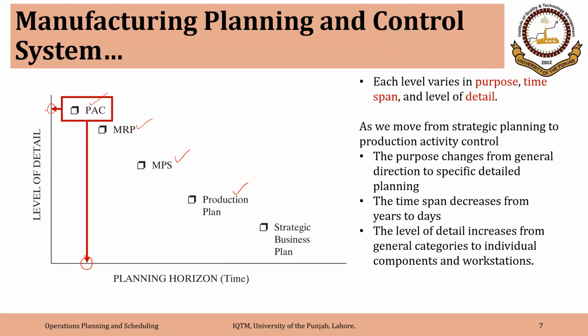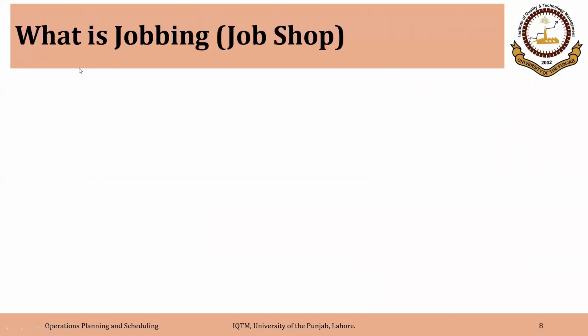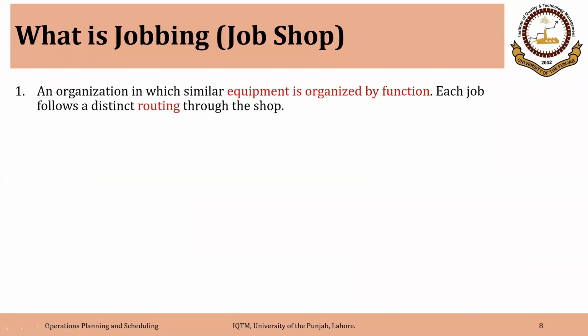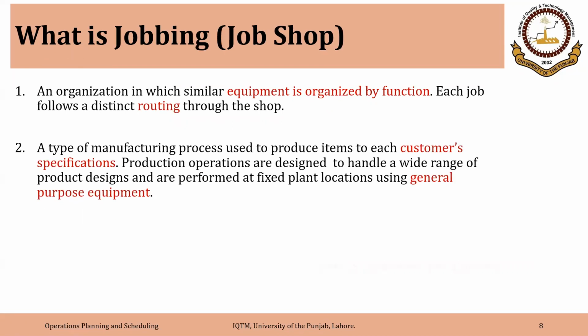So it is quite detailed, and we will be going into further details as we discuss other production systems like batch and mass production. And you will notice many similarities between the scheduling of different production systems.